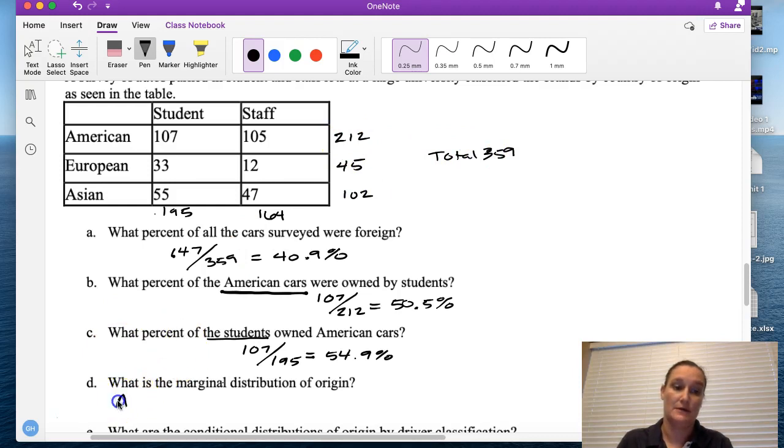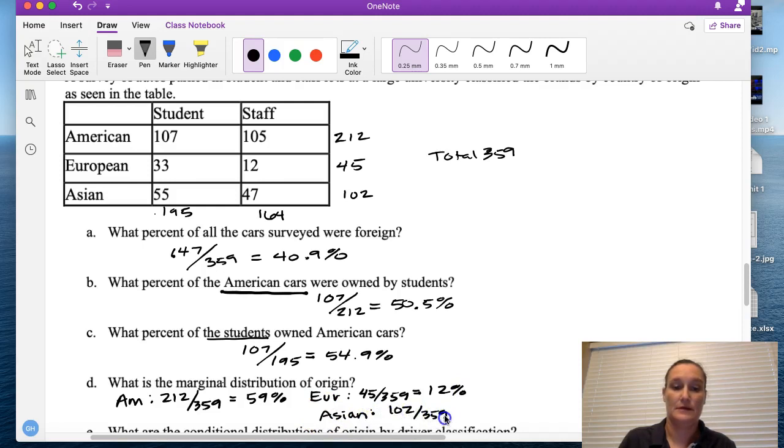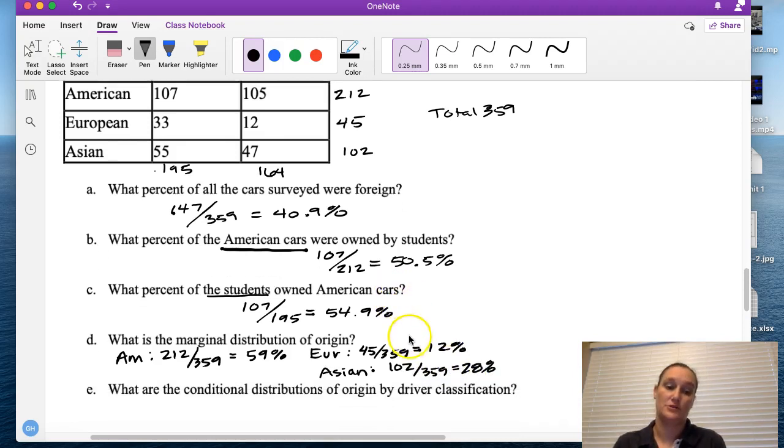American is 212 divided by 359, which is 59%. European is 45 out of 359, which is 12%. And then Asian is 102 out of 359, which is 28%. So that's your marginal distribution.